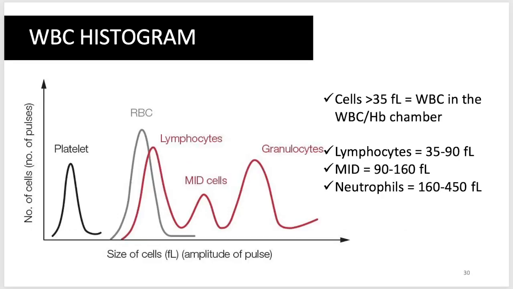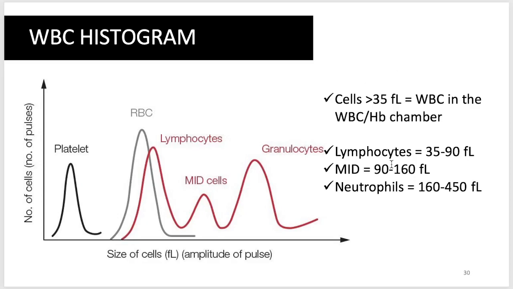And also, we have now your WBC histogram. Kanina, we discussed your platelet, your RBC. Ito naman, this is now your WBC histogram. Sa ating WBC histogram, take note that cells that are greater than 35 femtoliter are counted as WBCs in your WBC and hemoglobin chamber.